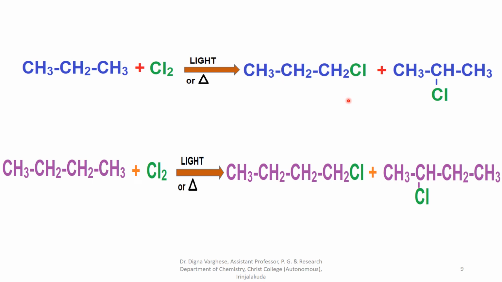The extent to which each isomeric product is formed depends on the relative rates of formation of the product, and also depends upon several factors such as the relative stability of the intermediate free radicals formed, or the step of the mechanism that will give the yield of each isomeric product.